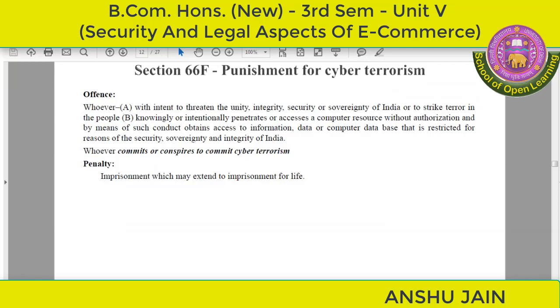We discussed it in my earlier lectures also. Now the offense is: any person who, with an intention to threaten the unity, integrity, security, sovereignty of India, or to strike terror in people, knowingly or intentionally penetrates or accesses a computer resource without authorization, and by means of such conduct obtains access to information, data or computer database which is restricted for reasons of security, integrity of India.